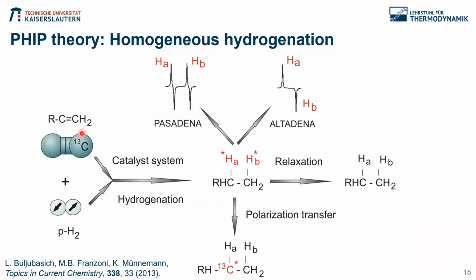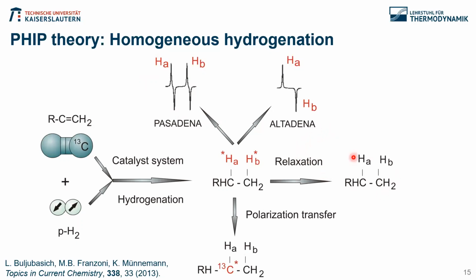So we have an unsaturated moiety, where we add parahydrogen by a catalyst system. We are using mostly rhodium or ruthenium catalysts, and then you end up with hyperpolarized protons in your molecule, and depending on the field strength where you perform the experiment, you end up with an antiphase pattern separated by the J coupling, or in ALTADENA, the antiphase pattern is separated by the chemical shift.